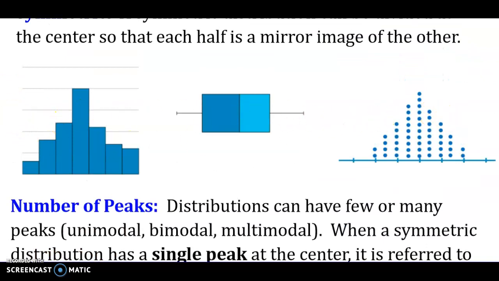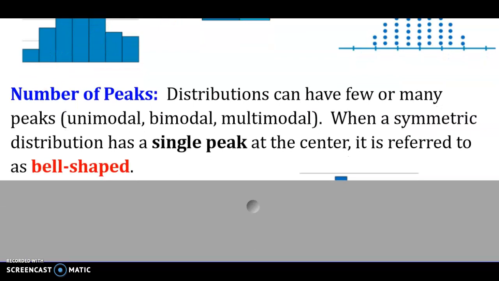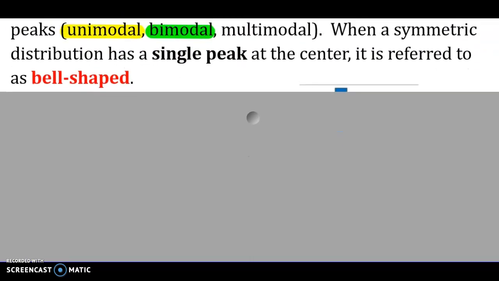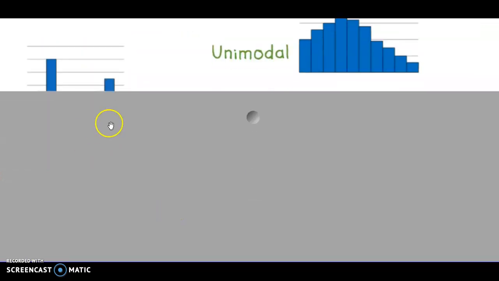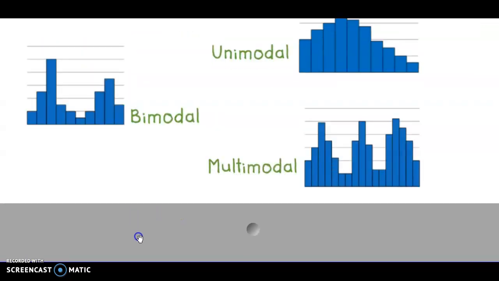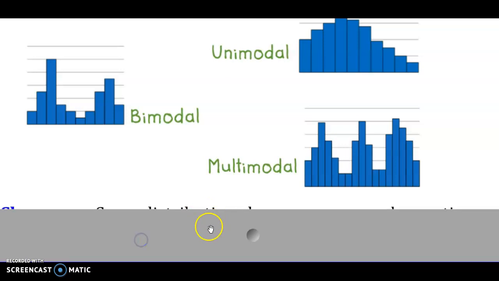We call that unimodal. One peak. We also have the opportunity for bimodal and what are called multimodal. What do those look like? By the way, we generally like to have bell-shaped curves, but that's another matter. Unimodal, one high point. Bimodal, 2 points there. Multimodal, well, you can see 3 or more.